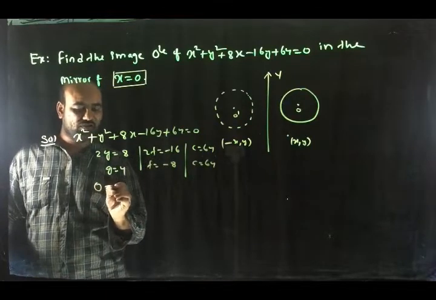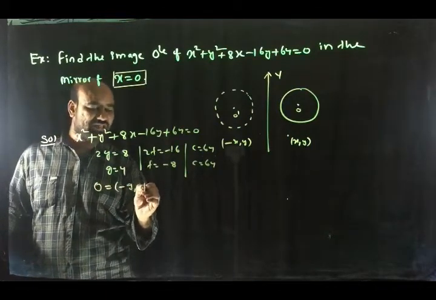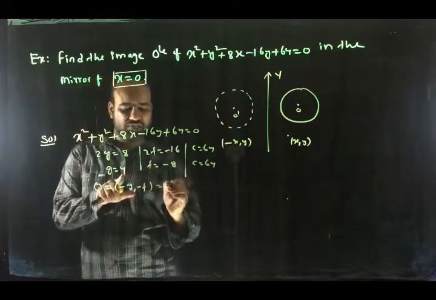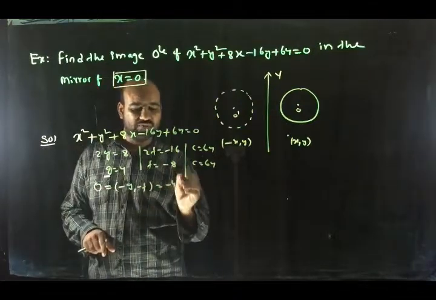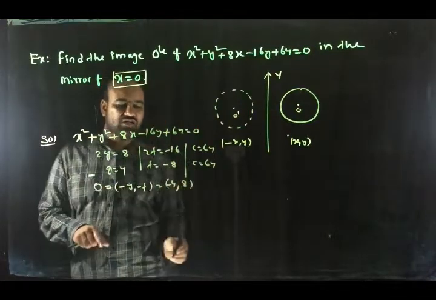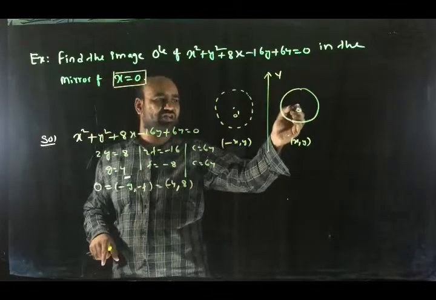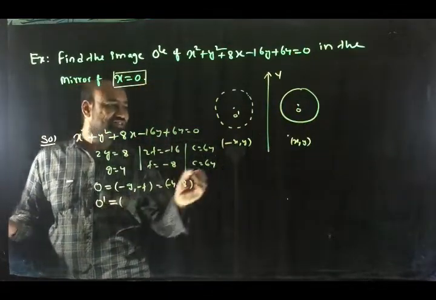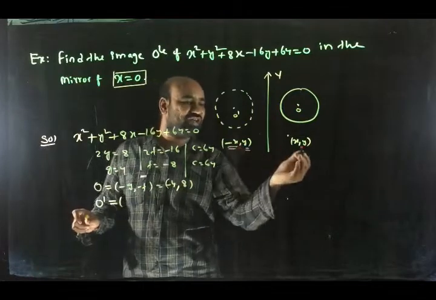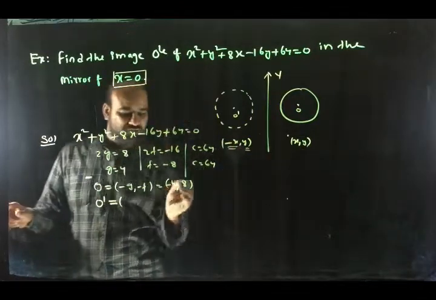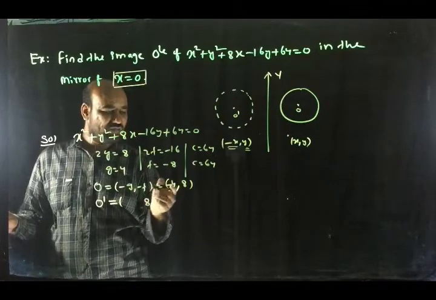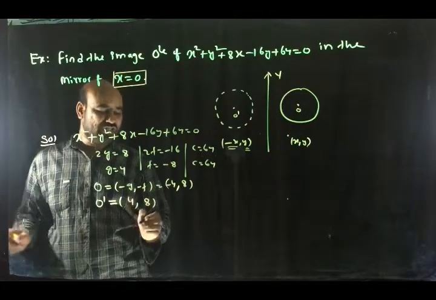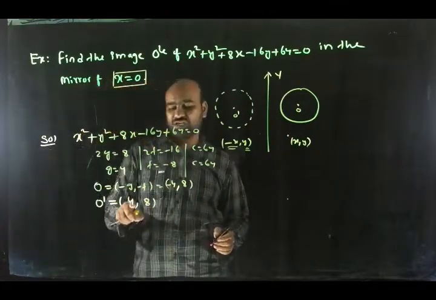Then O equal to (minus g, minus f), that is minus g means minus 4, comma minus half of minus 8. These are the coordinates of the center of the original circle. Automatically, O dash becomes, what is this? (Minus x, y). The y coordinate is the same, so that is same 8. So minus 4 becomes 4. That's why the center of the required circle is (4, 8).